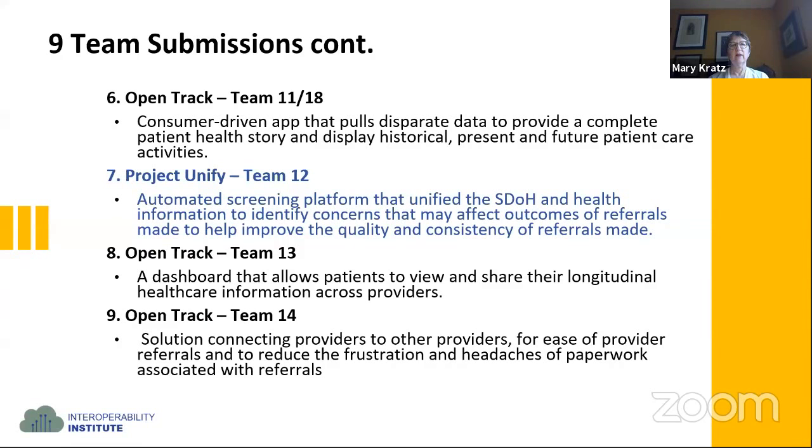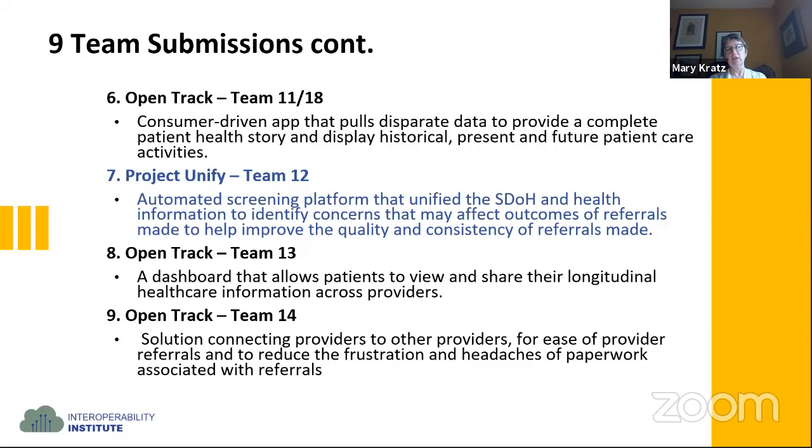The next we had was an open track requested by the program committee, for anyone with other data standards or other challenges who would like to provide a submission. This was a consumer-driven app that looked at a whole bunch of disparate data to bring together patient health stories and history.